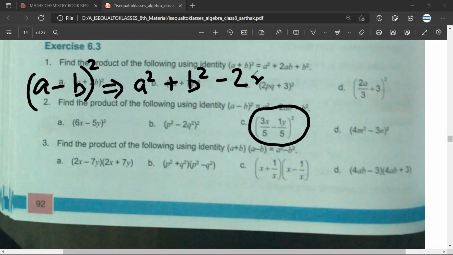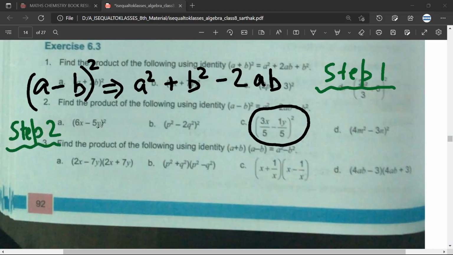I have written the identity. I've identified the identity that I'll be using. This is step 1. So what is my step 2? Step 2 is to identify a and b.